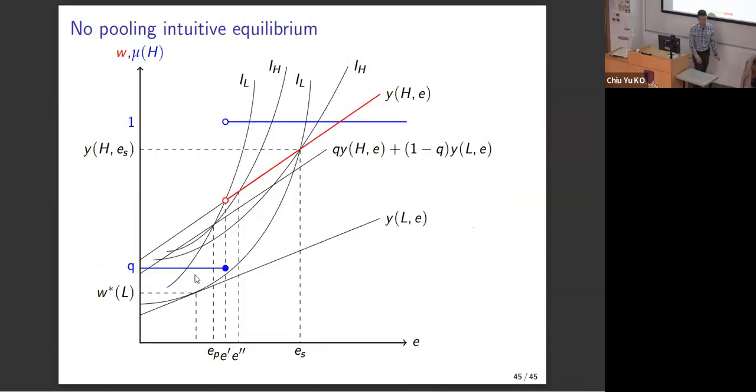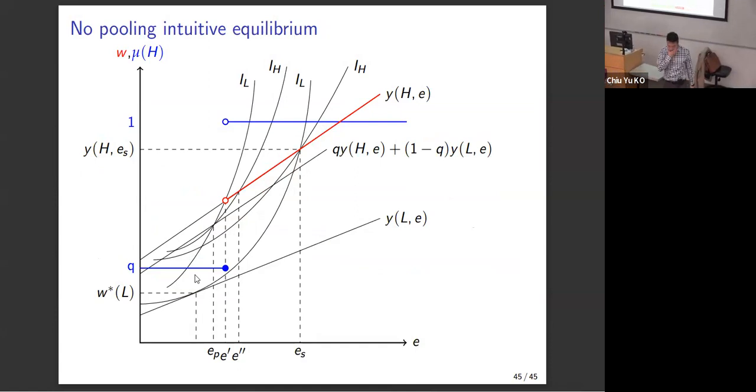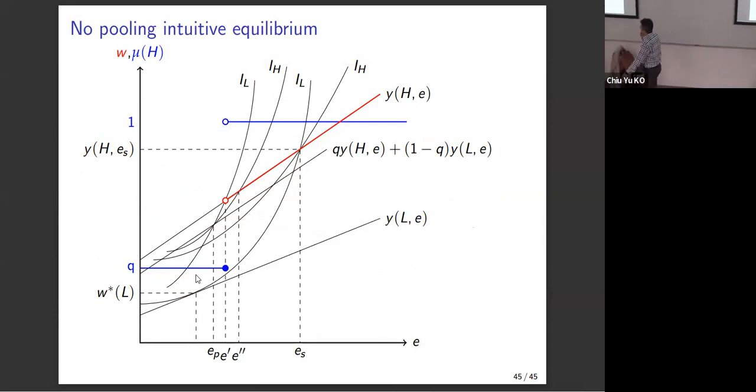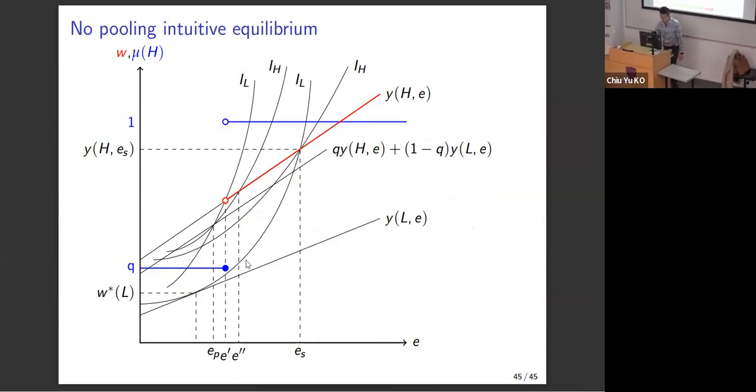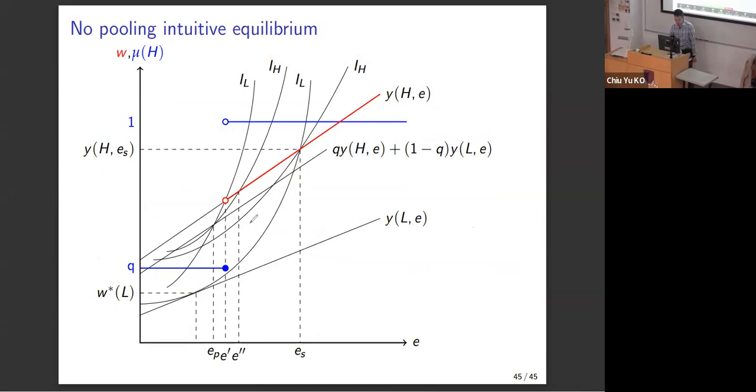Why no pooling equilibrium? So now we have Q very high. And look at the reason why there's no equilibrium here. Now we argue that this is the average of productivity, right? And if you see a case lower than E prime, you think that this is the high type, right?